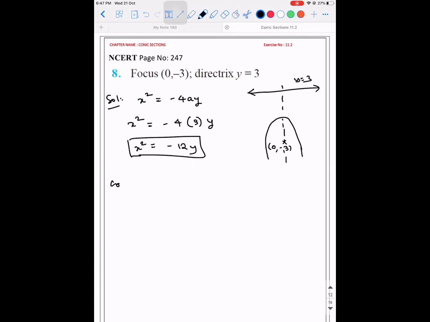See, one common mistake. Here, since it is minus 3, many of them will take a is equal to minus 3. No. Minus a is minus 3. So a is 3 only. Okay, don't make that mistake. This is right. Clear?